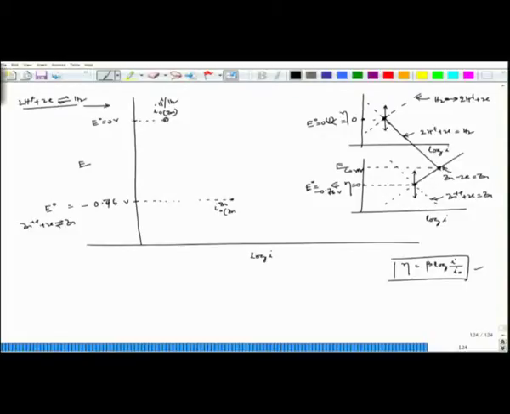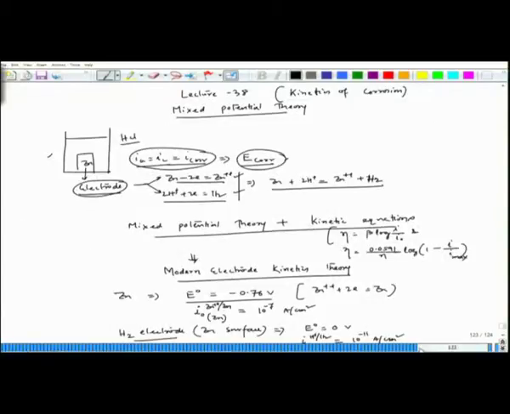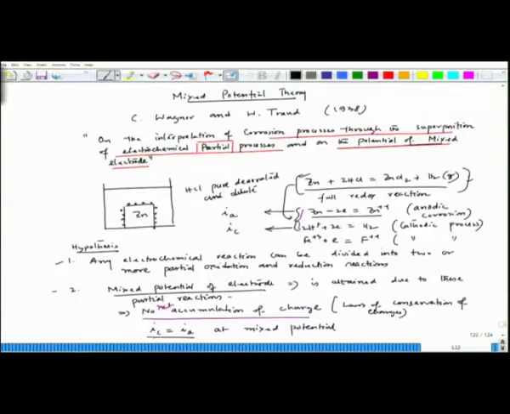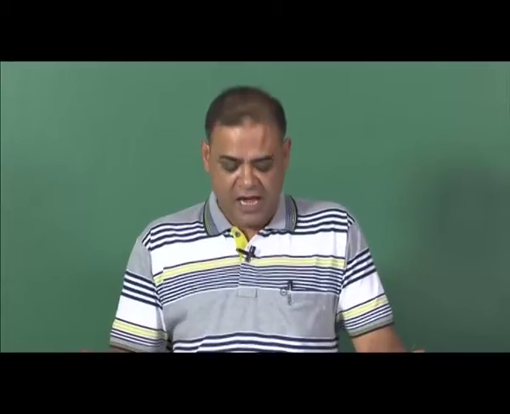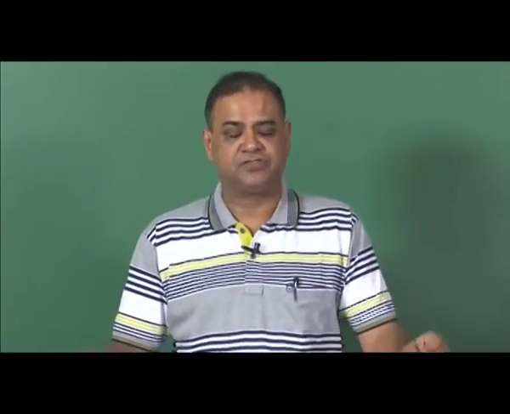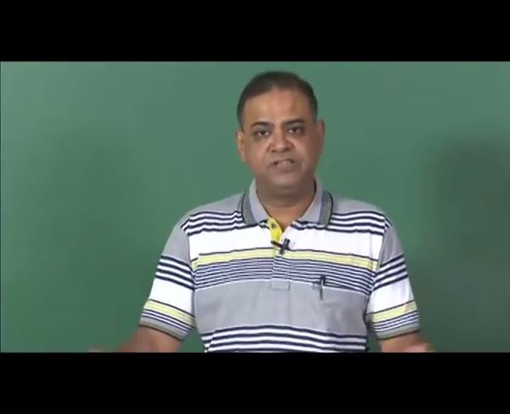Now, an interesting thing: the second postulate, or the second hypothesis, is also met here. It says that when it reaches that mixed potential, there is no net accumulation of charges. That means the current density for the cathodic reaction, which accepts electrons, and the current density for the anodic reaction, which leaves electrons, these two rates are the same.